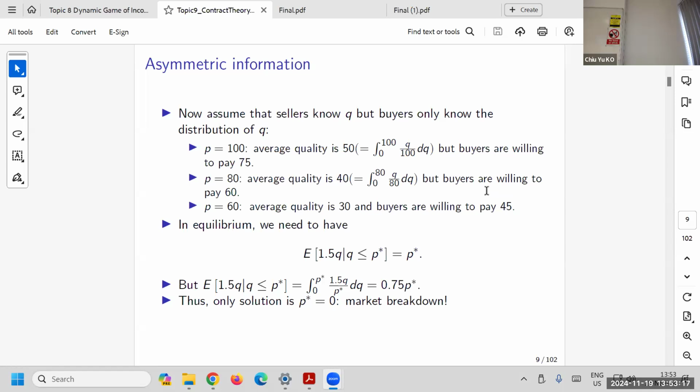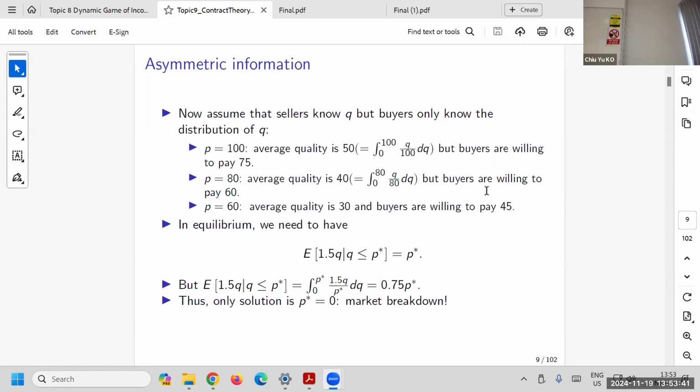Do remember that a market works by relying on price, decentralized in such a way that everyone looks at the price and coordinates through it. But because of information asymmetry, this price loses its ability to regulate the market. Let's see. Suppose the price is 100.